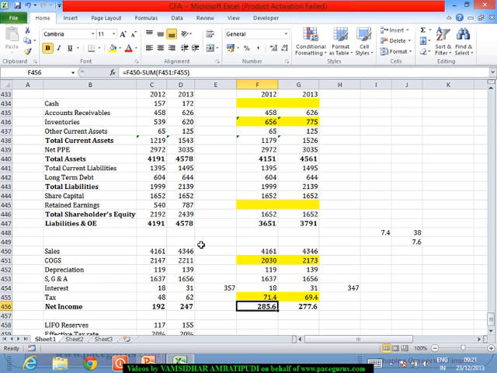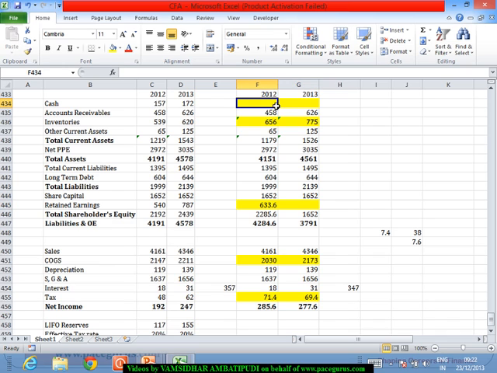So obviously, whatever was the retained earnings in the earlier period, this retained earnings would have gone up by the extent of this difference, resulting in the retained earnings going up to 633, resulting in the net liabilities and owner's equity increasing to the extent of 4284.